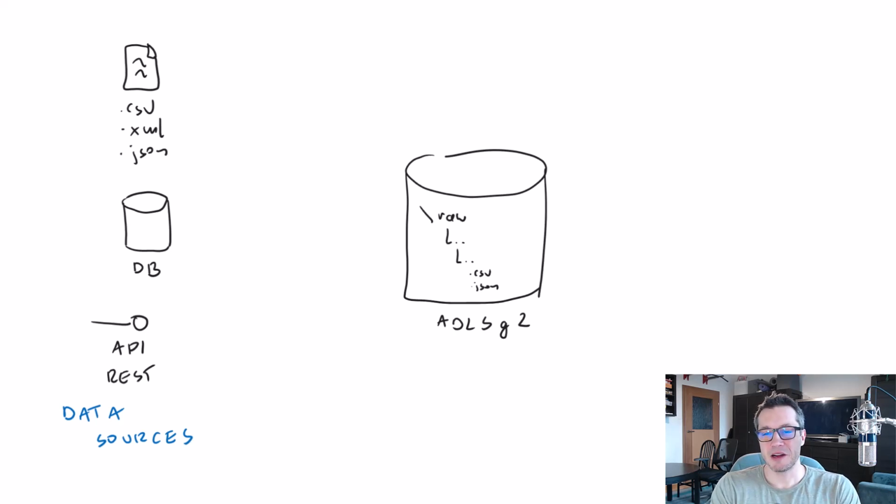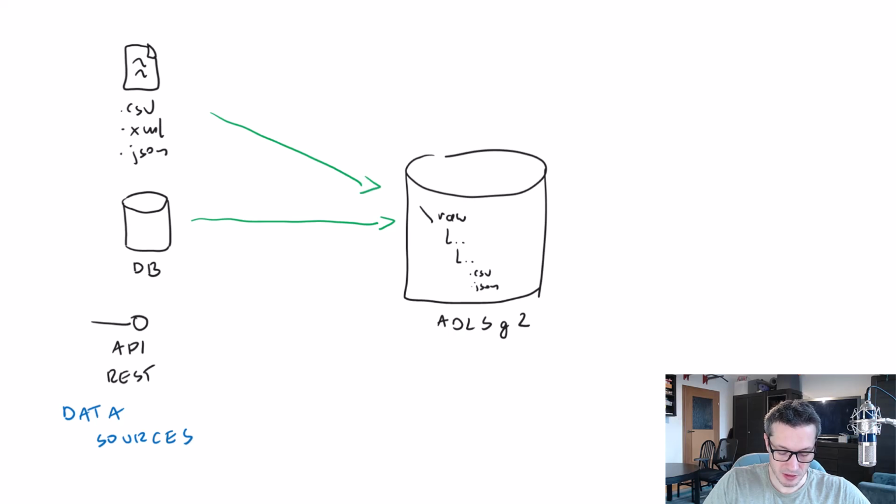Alright, but somehow this data from data sources has to be ingested into a data lake. And we know that this is a very important process, and there are various tools we could use to make it work.